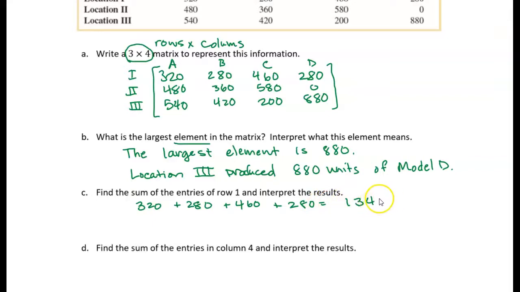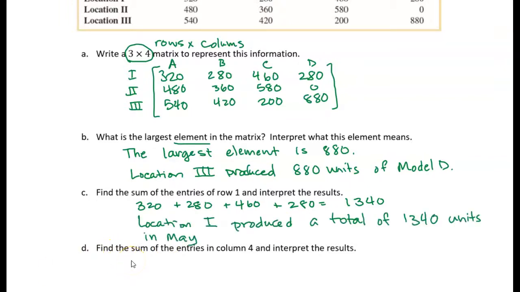So interpret that. Well, that whole row corresponds to the loudspeakers produced in location 1. So the sum of all the elements in that row represents the total number of loudspeakers produced at location 1.